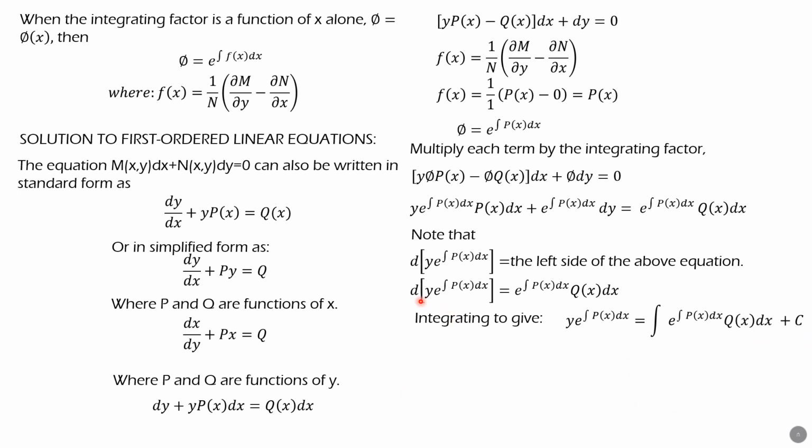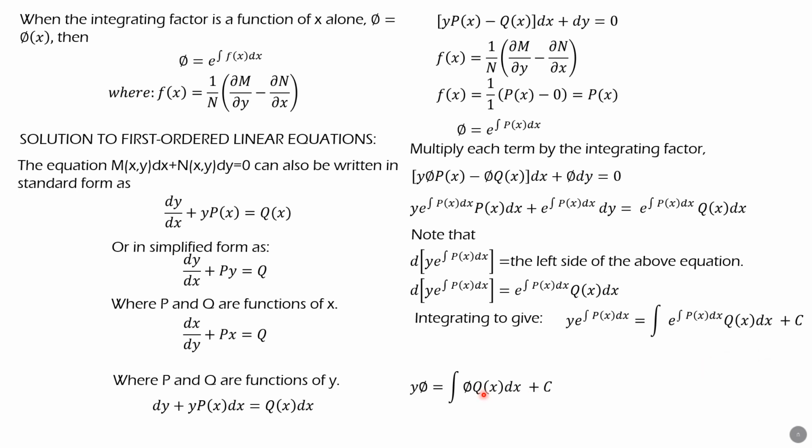Again, integrating both sides, we have the integral of a differential, so we cancel the effect. The result would be just this. We copy that, then the integral of the right side. So the solution would be in the form y times p, because this is p, equals the integral of p q of x dx plus the constant of integration.